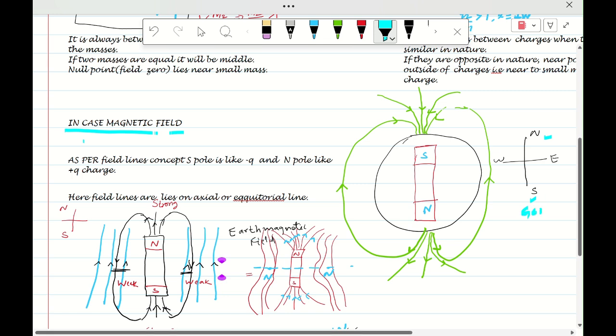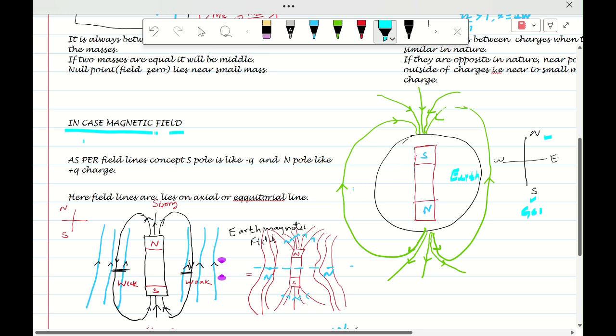But if the earth is a magnet, then the magnetic south pole of the earth is towards the geometrical north, and the north pole of the earth magnet is towards the geometrical south. This is the point you have to remember. I am giving this to understand the magnetic field lines outside the earth.